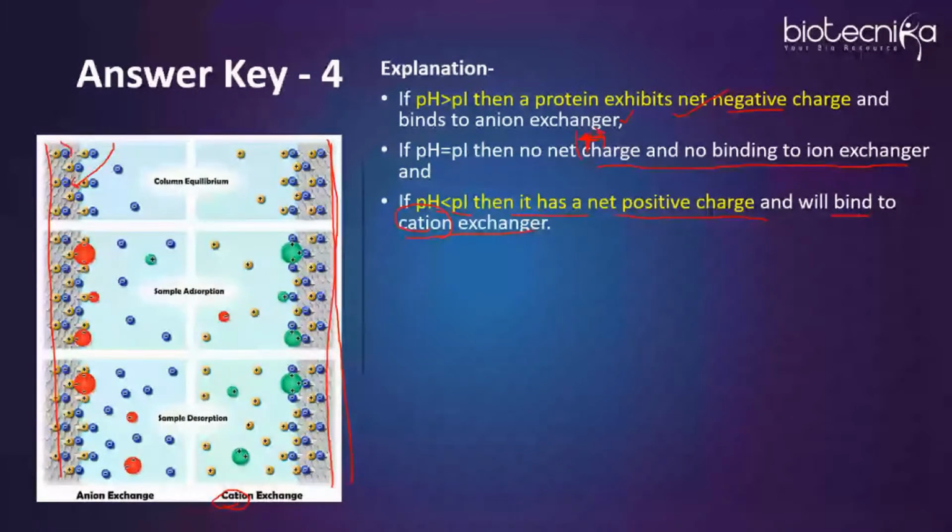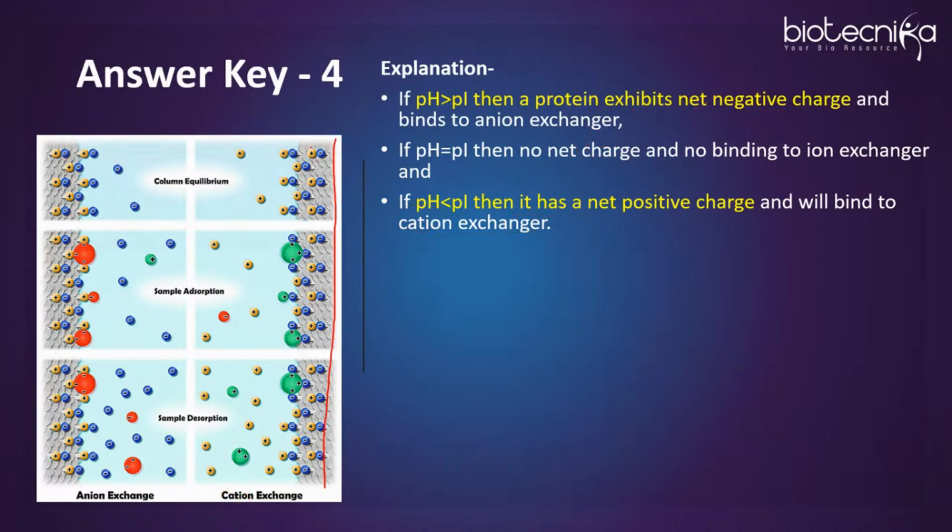Already some negative groups are there, but they will be exchanged for further negative groups which are there in your mixture. So negative groups will be exchanged with the other negative groups which are already bonded to the positive column. That is what an anion exchanger is. And cation exchanger means the column will be negative.